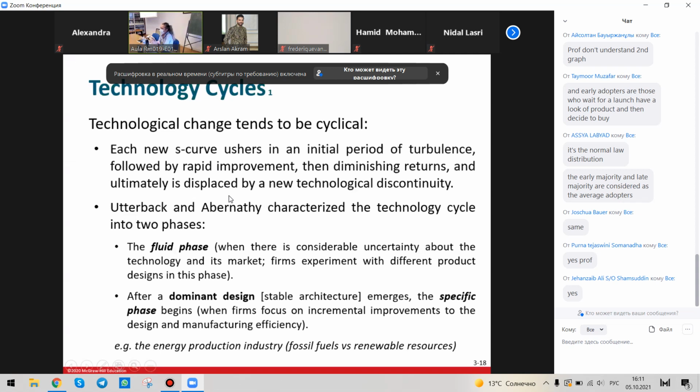So the last two concepts of this chapter are related to how technology can evolve in general. In particular, we have here two contributions by some scholars that define the way in which technology overall changes and evolves.